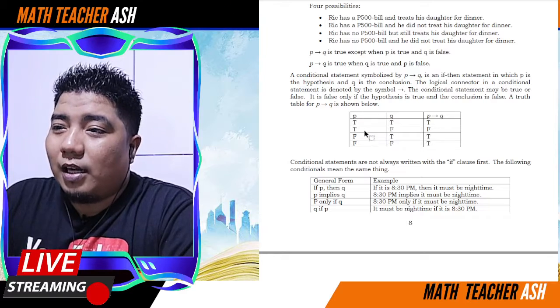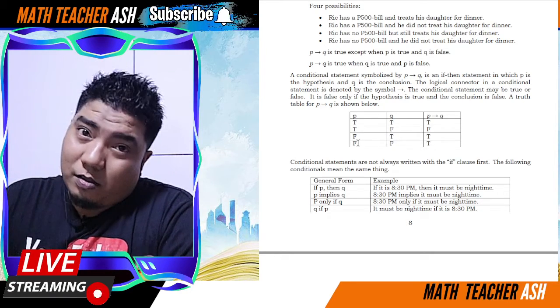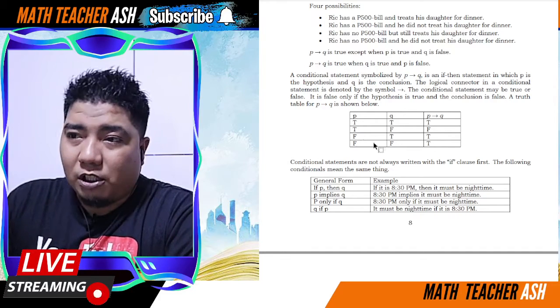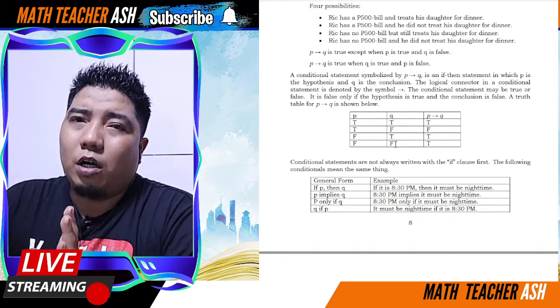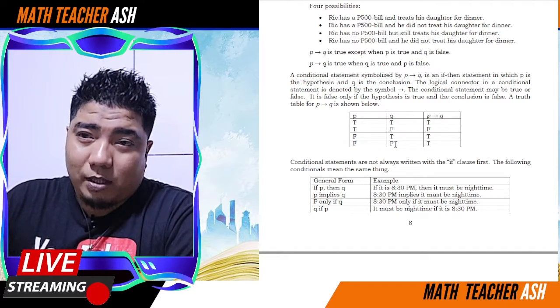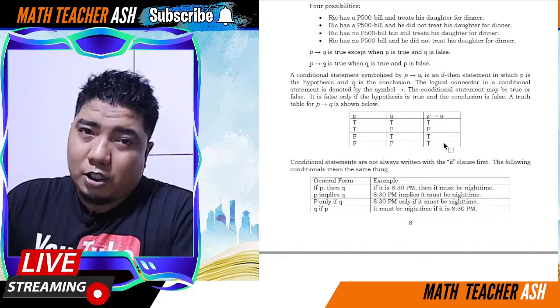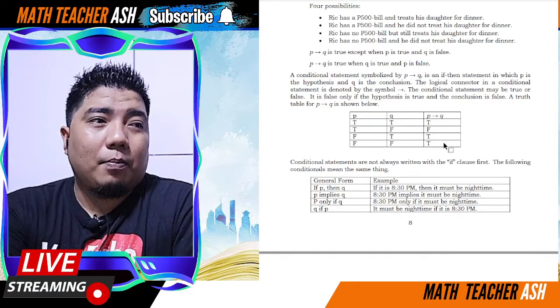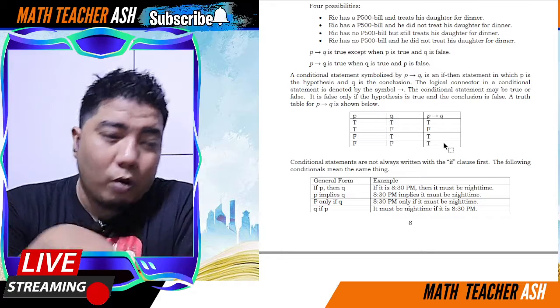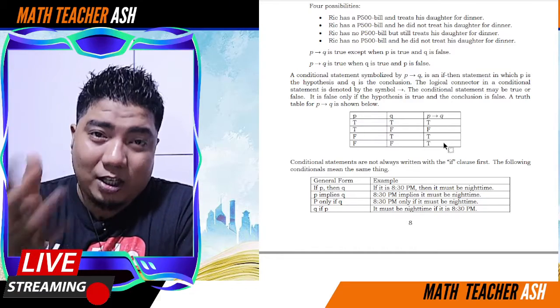Now, there are times that if the hypothesis is false, and the conclusion is also false, then the whole statement is true. Of course naman, kung mali ang ginawa, magiging mali ang bunga, so ang buong statement ay tama.